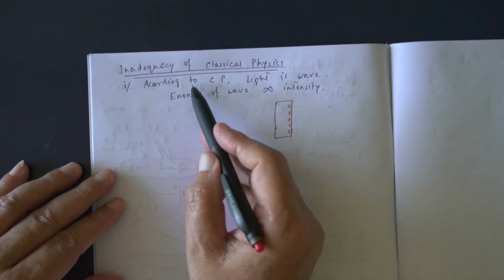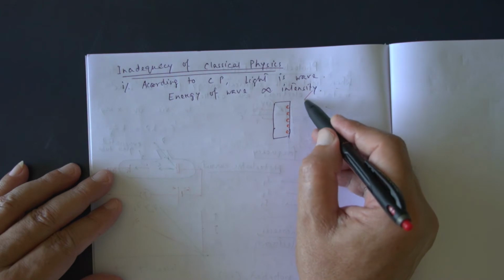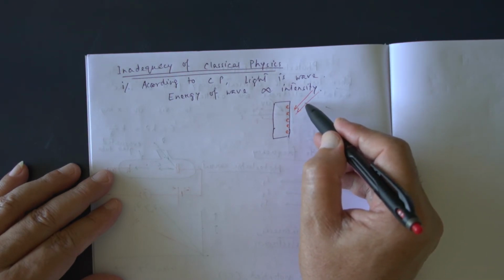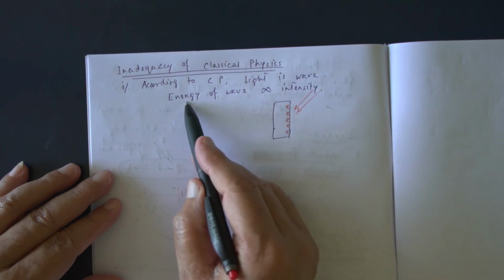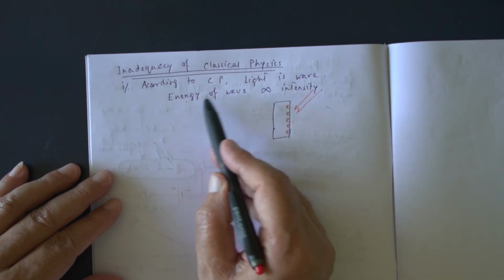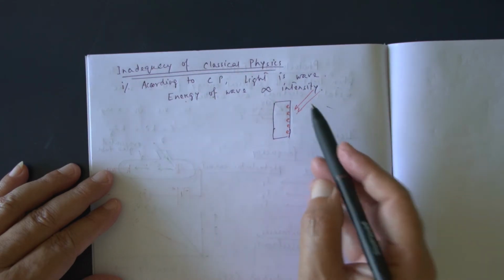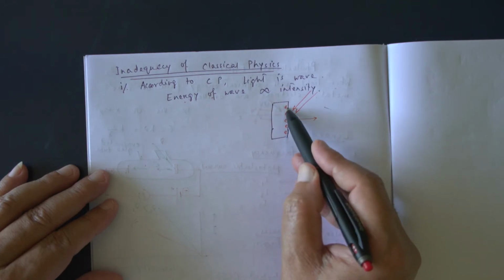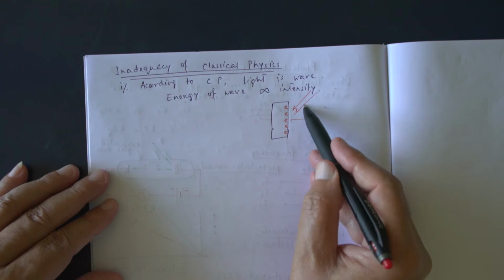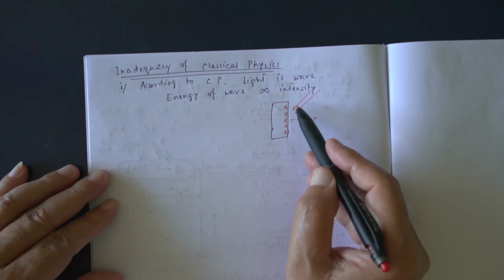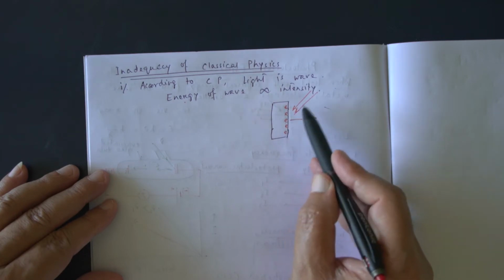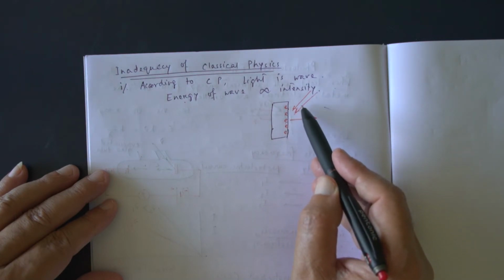According to classical physics, as we increase the intensity of the radiation, the electrons will get more energy, because energy is proportional to intensity. So electrons come out because they are getting energy from the radiation.